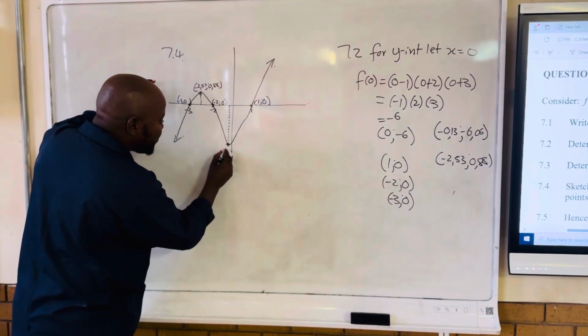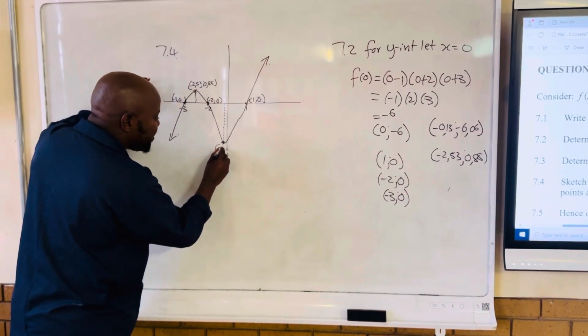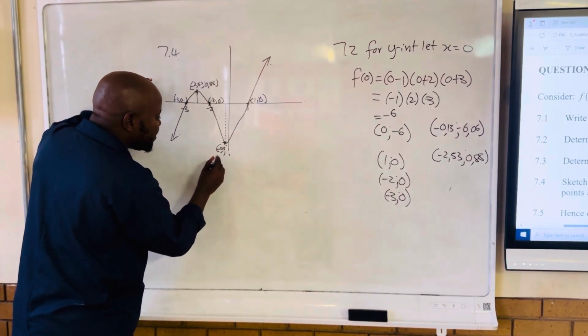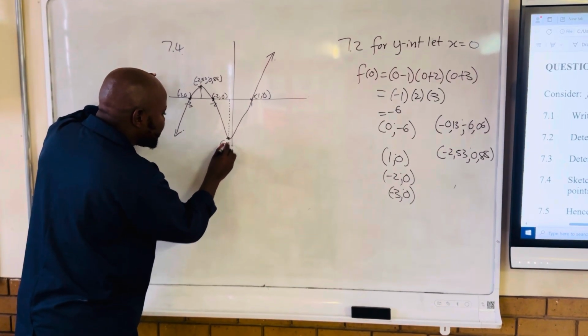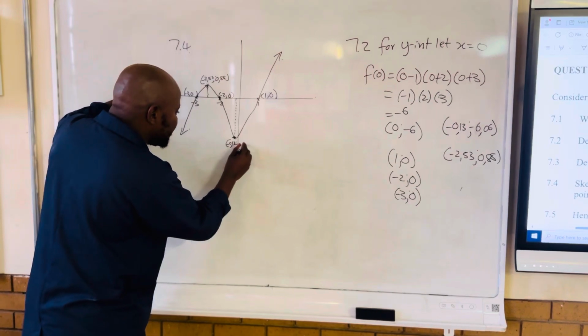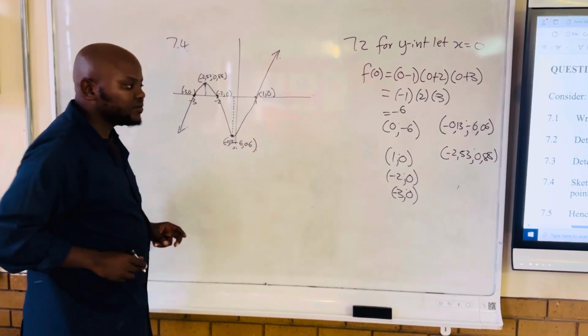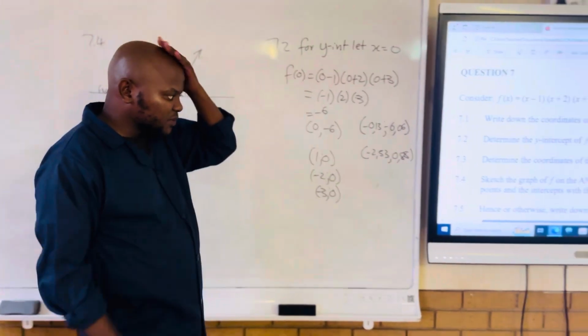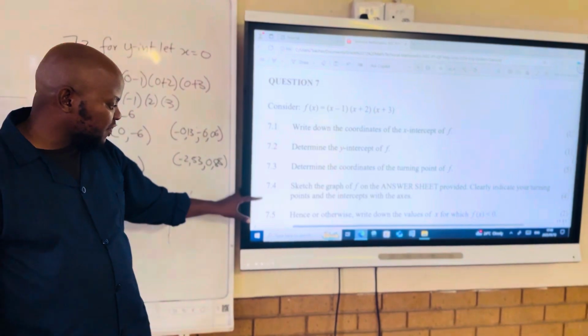Here it is negative 0,13 and negative 6,06. That's smaller. Let's check the last question now, which is 7.5.